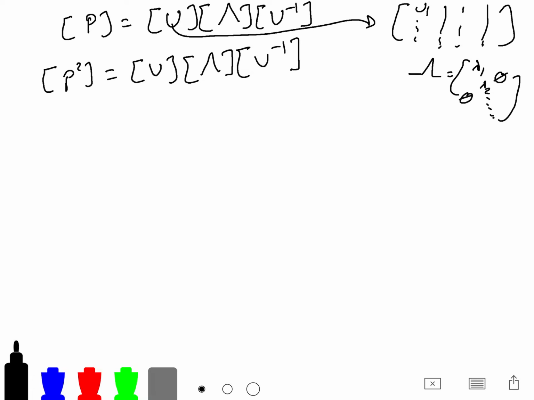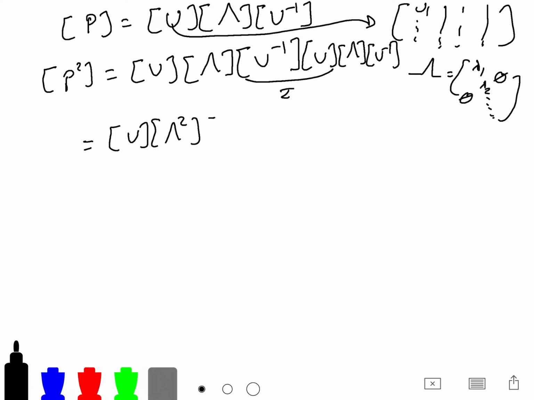It's diagonal. If you write it like that and multiply by U lambda U minus 1, what we have in the middle is just I, so it simplifies to U lambda squared U minus 1.